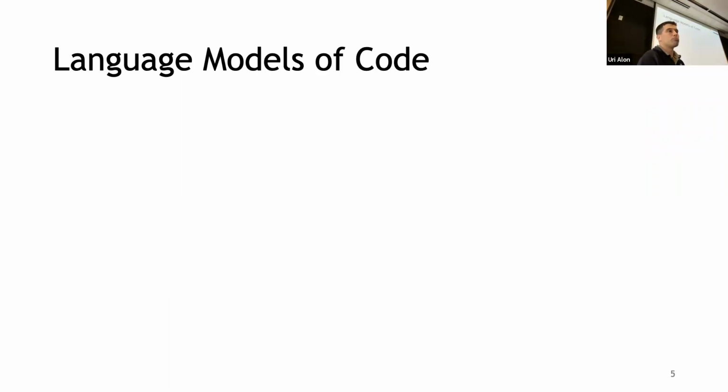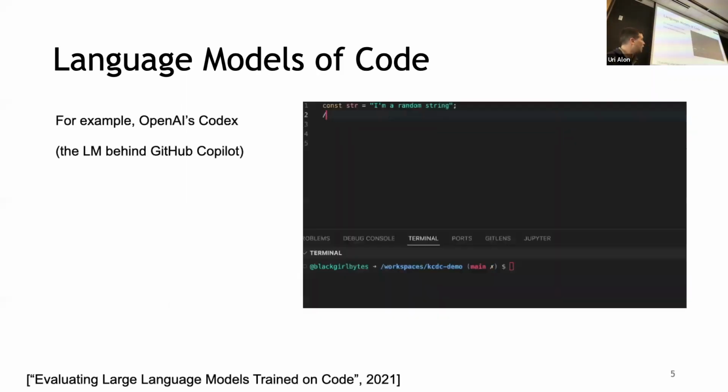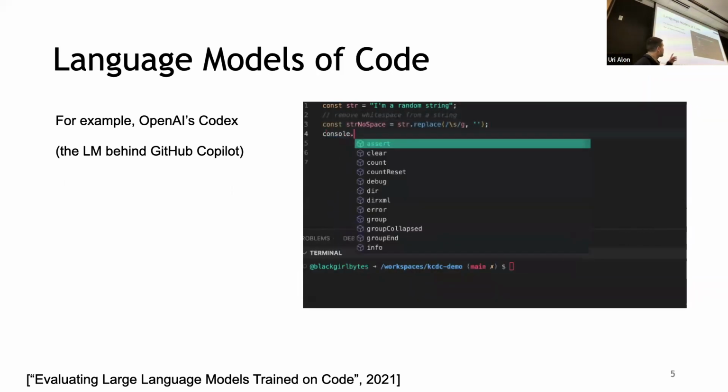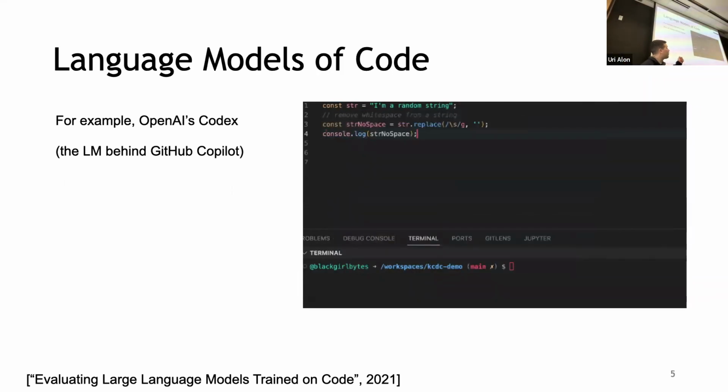Now, people have also trained language models of code. Usually the most well-known language models are trained on mostly natural language, but nothing prevents us from training language models on code. One prominent example is the Codex model that was released by OpenAI, and it is also provided as a coding assistant in the IDE that you can install.